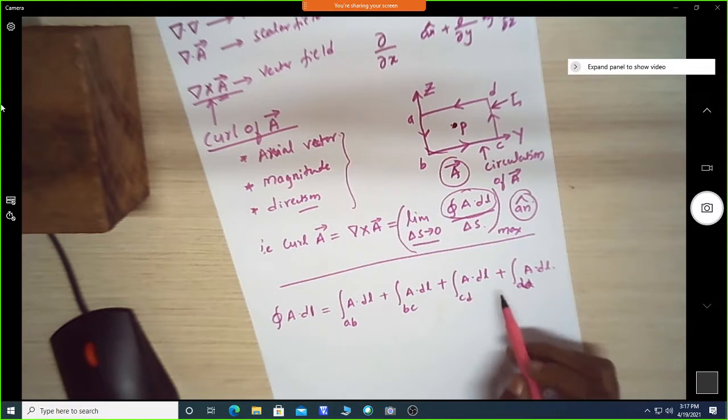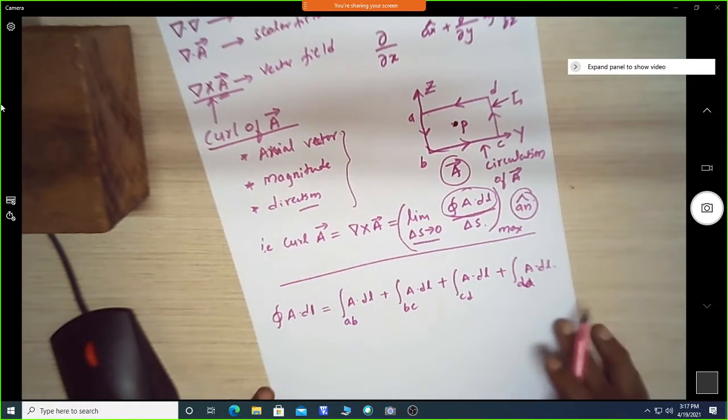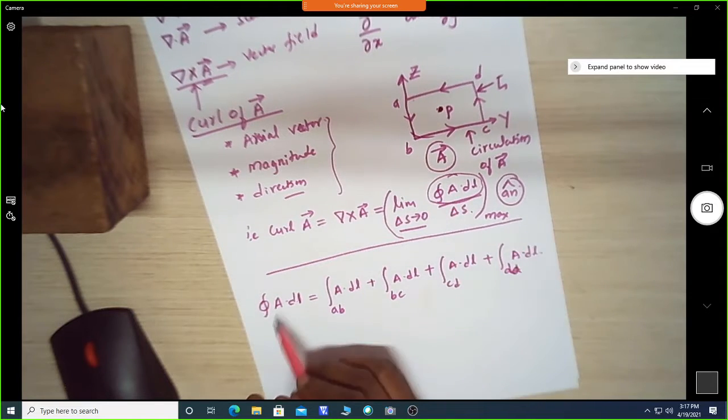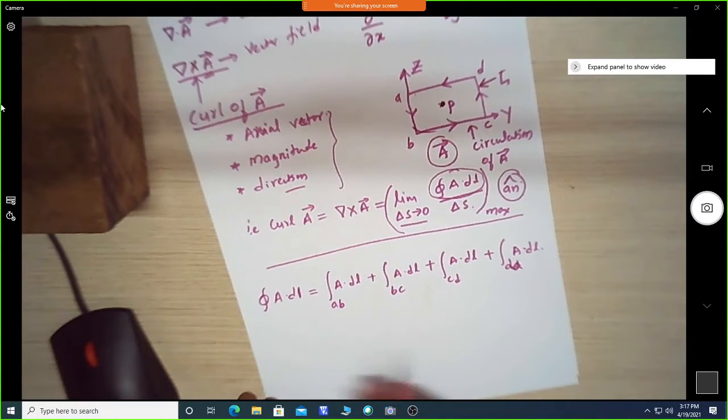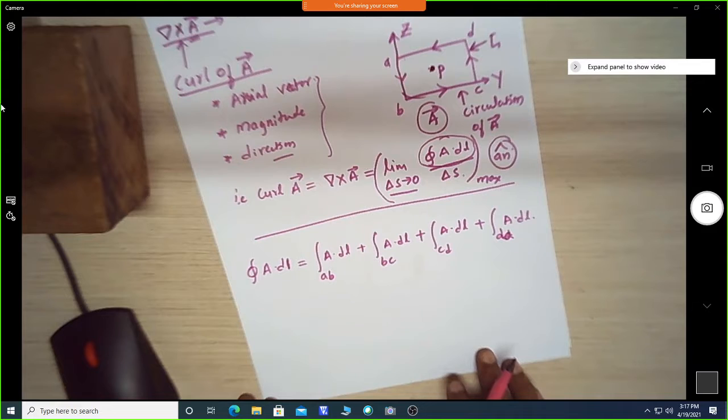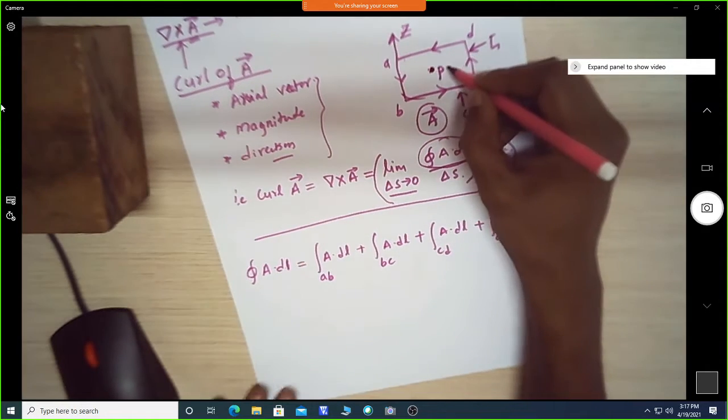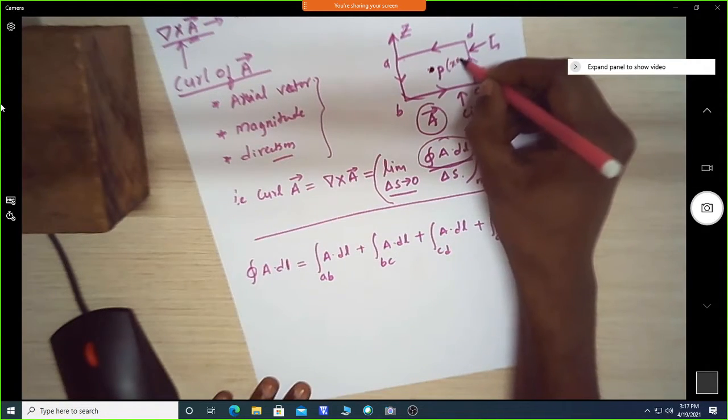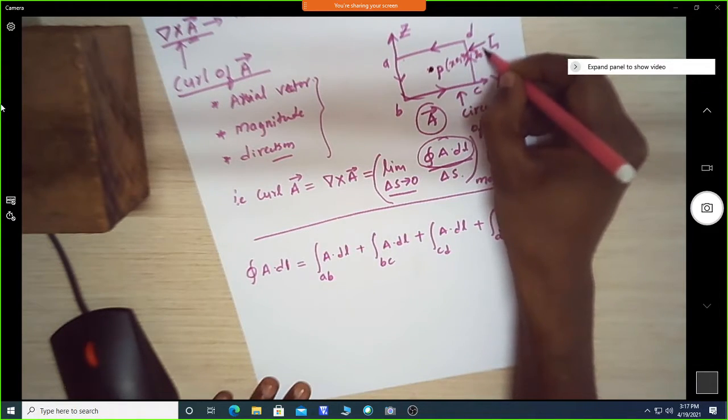If I calculate all those and combine, we get the total closed line integral. Earlier we also saw how to express this. If I take the point P at x naught, y naught, z naught.